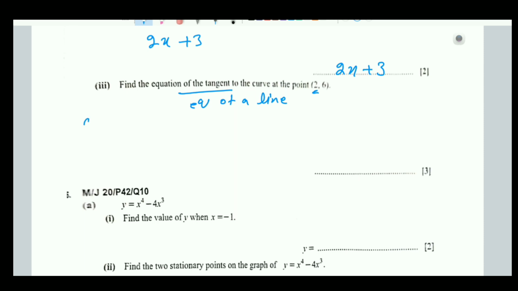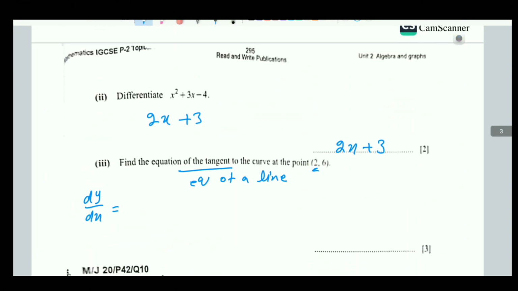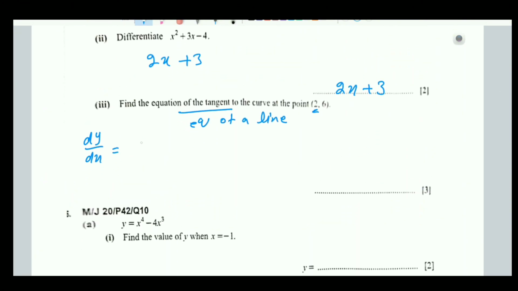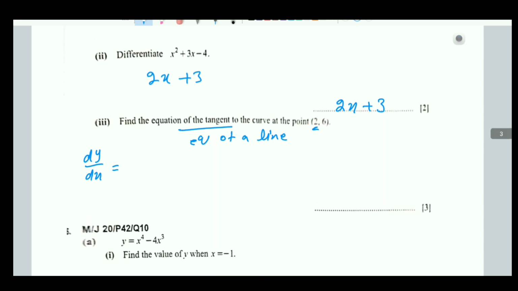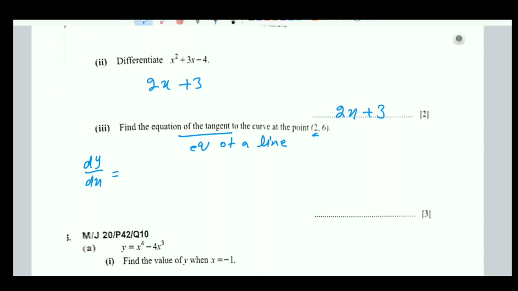So gradient is dy over dx here. Dy over dx is 2x plus 3. So in 2x plus 3 you have to put the value of x to find the gradient. What I told you already, that to find the gradient at any point, you have to put the value of x in the differentiation.